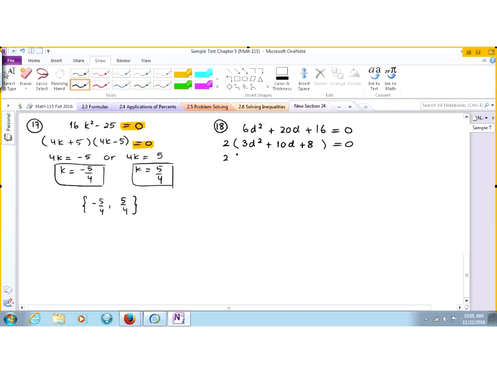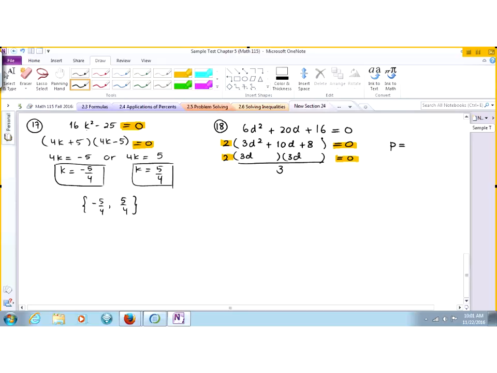Is it factorable? What method do we use to factor it? AC. So let's set it up. I'm still copying this 2 and the equal 0. The equal 0 will have to stay until you evaluate those. So 3b divided by 3.